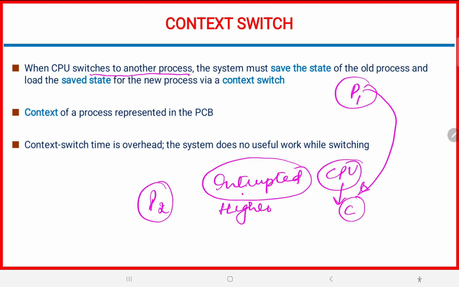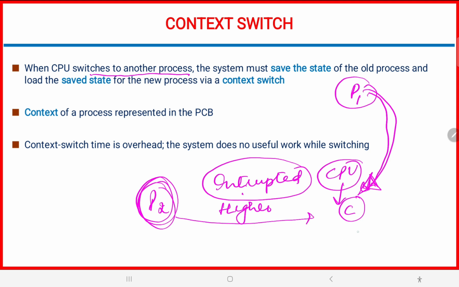In that case P1 has to leave the control of the CPU in between. This process has not yet completed its execution, but because a higher priority process has come, we need to free the CPU from process P1 and allocate the CPU to process P2.